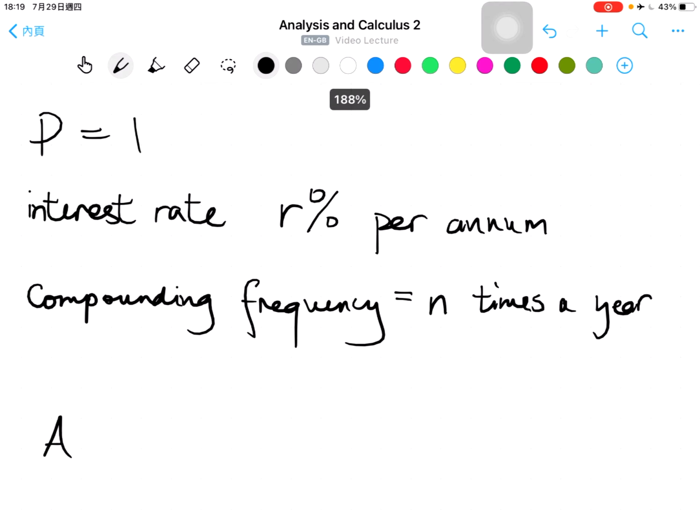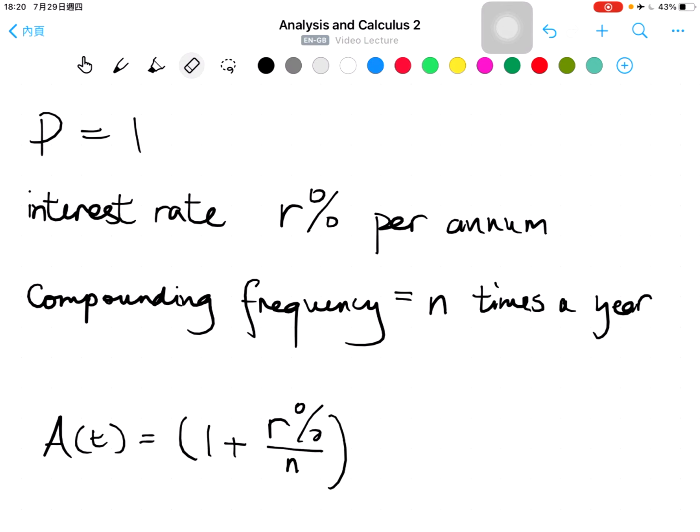The amount A of t is going to be what? I'm going to get 1 plus R% over n, raised to the power of nt.